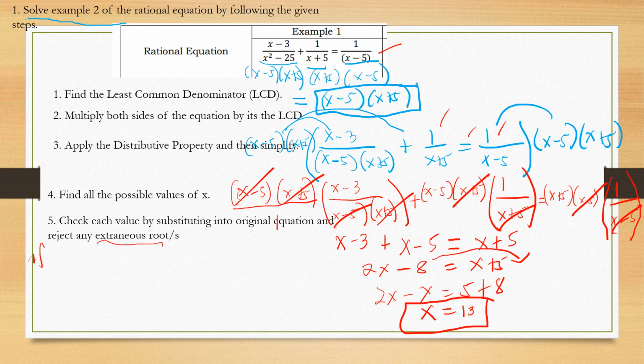So if x is equal to 13, coming from x minus 3 over x squared minus 25 plus 1 over x plus 5 minus 1 over x minus 5. You just have to make sure that you copy the correct equation.